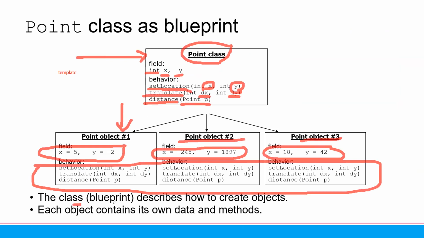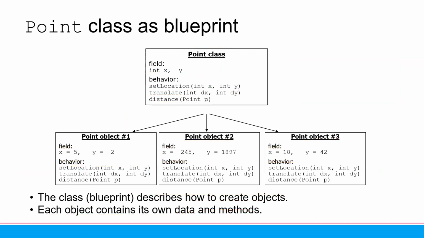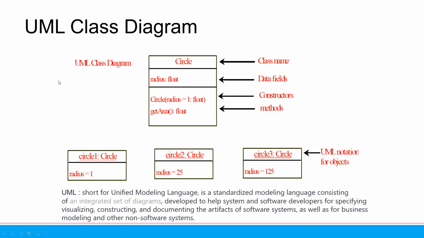The class, or blueprint, describes how to create objects, and each object contains its own data, this is the data, and its own methods, this is the methods. So we call this class diagram the UML class diagram.